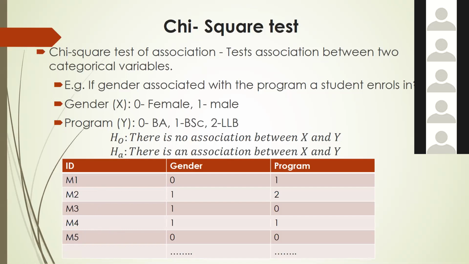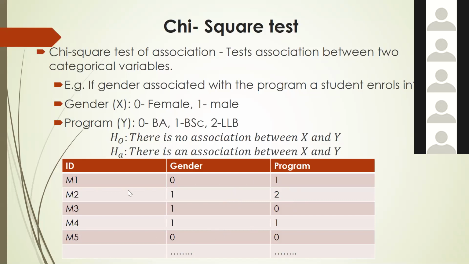Now, this is how the data would look in the package. These are just IDs, and you have gender and program of study, where M1 is a female doing a Bachelor of Science, M2 is a male doing a Bachelor of Laws, and so on.